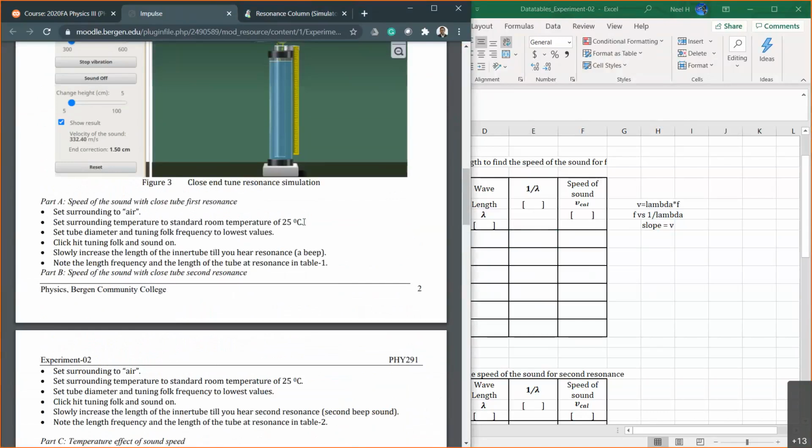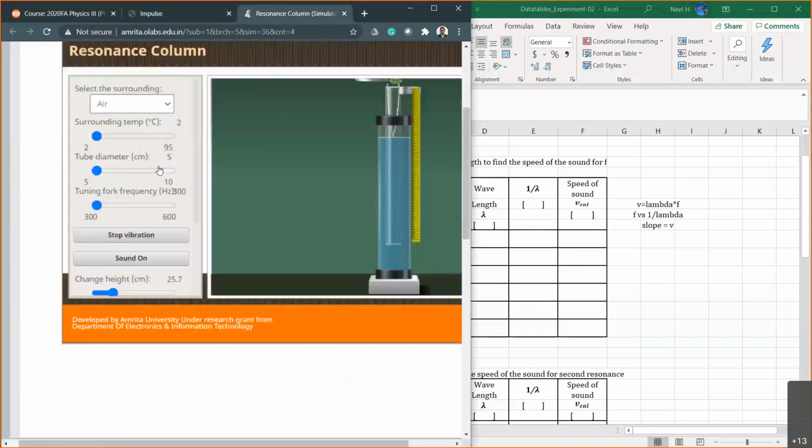Let's do room temperature first, and everything else you can keep at the lowest position. Room temperature means about 25 degrees C roughly. So only 25 degrees to reach room temperature there, but the diameter and frequency start with the lowest value.